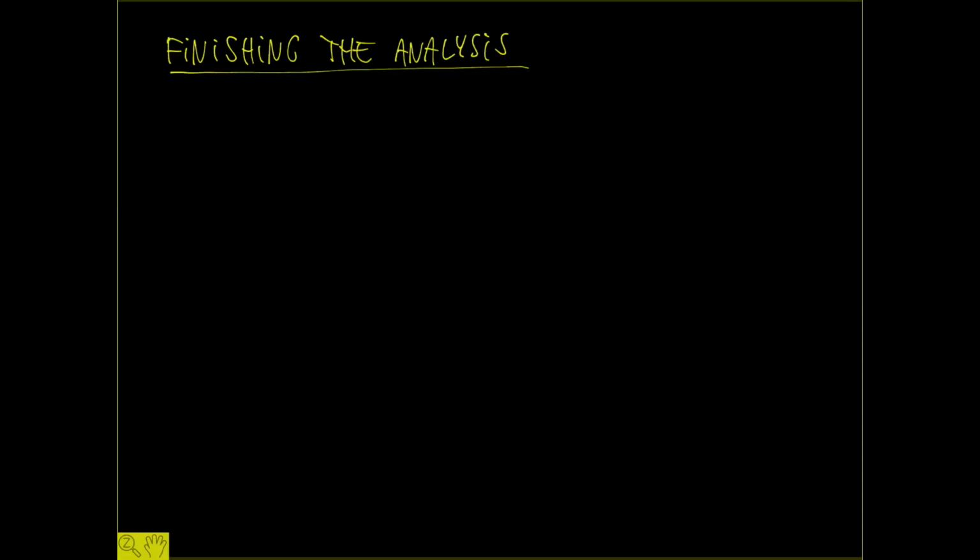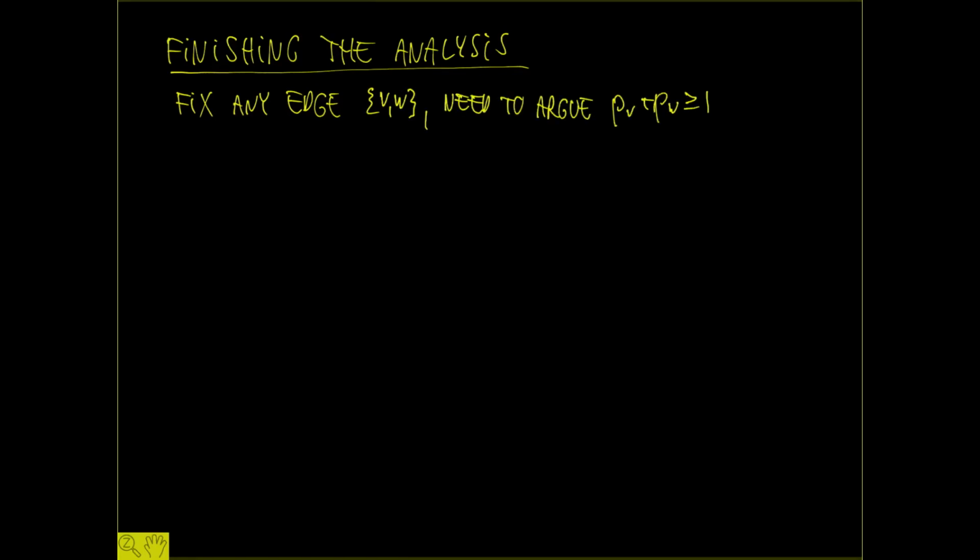So let's wrap up the analysis. So there are 2 things to do. So first of all, for every edge v, w, we need to be able to argue that the sum of the dual random variables is at least 1, because if this is true for every edge in the graph, this gives us dual feasibility.